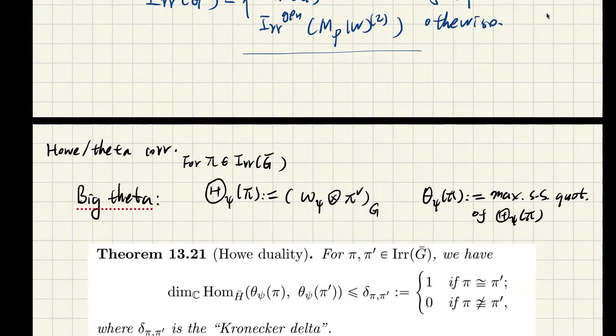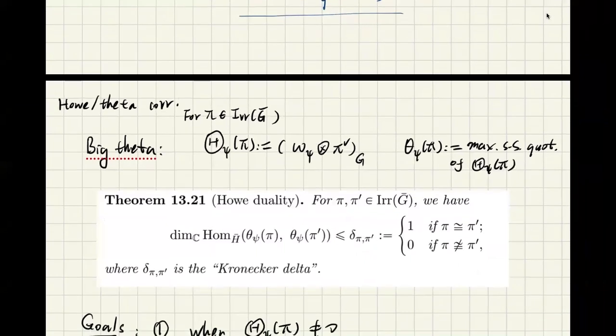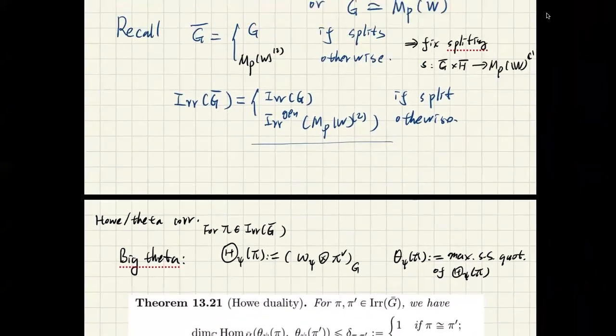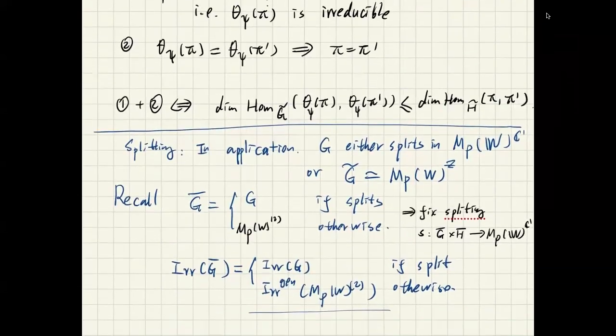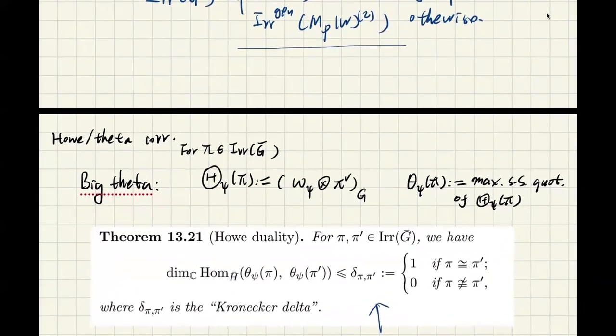Then small theta pi is just the maximal semisimple quotient, and the Howe duality is just this formula as I said. So basically, if you have a splitting, you can consider representations in correspondence either between the actual algebraic groups, or between an algebraic group, the odd orthogonal group, and the metaplectic 2-cover.